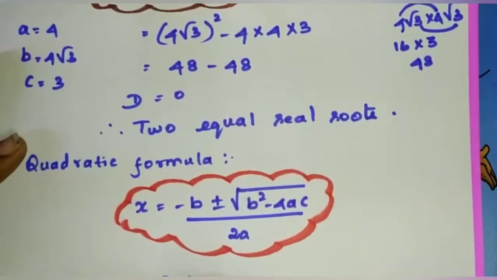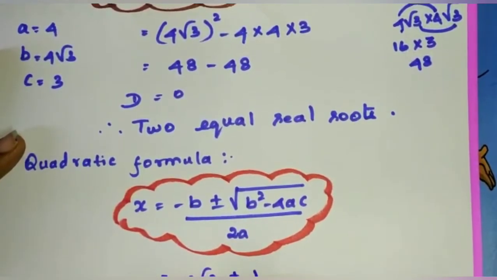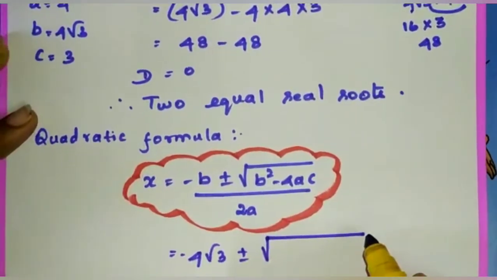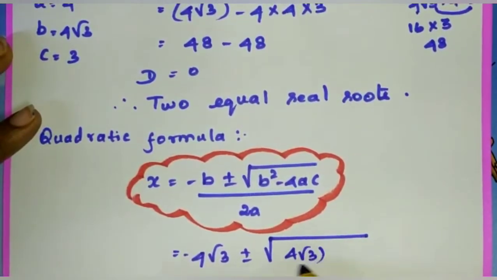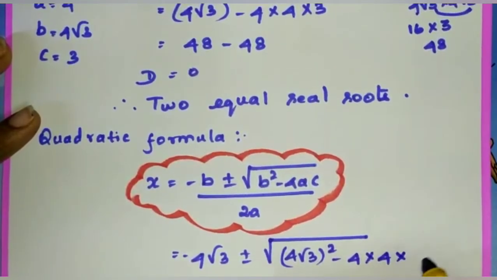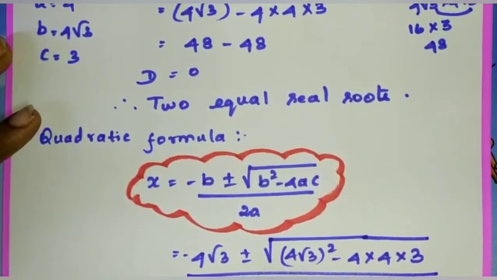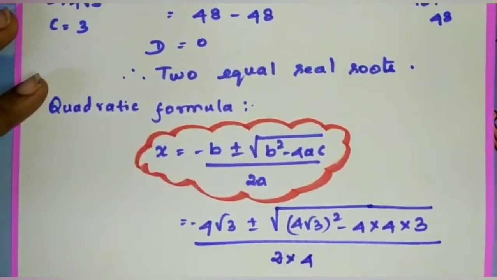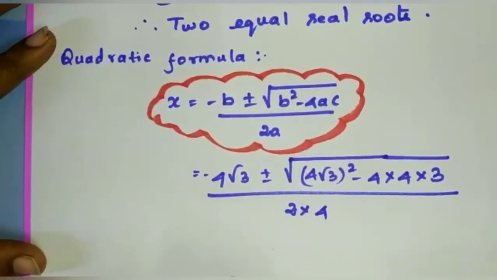The value of b is minus 4 root 3 plus or minus root of 4 root 3 the whole square minus 4 into 4 into 3. Then 2 into 4. Okay, substitute everything, value of a, b and c.